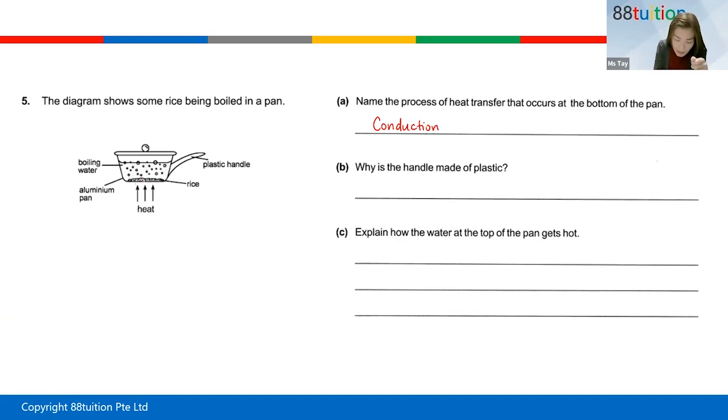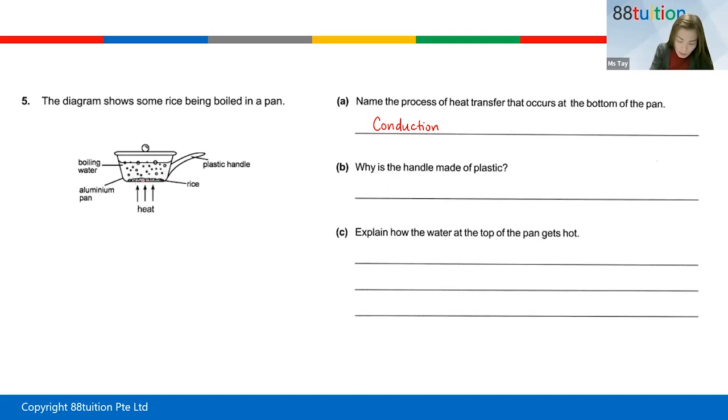Okay, then you see there's rice at the bottom of this pan, right? So of course, this aluminum pan gets heated first. And when it is hot, it will pass on the heat to the rice because the rice is directly in contact with the bottom part of the inner side of the pan. So the heat will also be passed on to the rice by conduction. If you were asked what is happening throughout the entire process of cooking the rice, then you have to slowly explain.